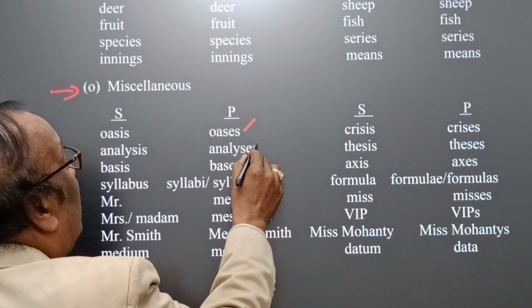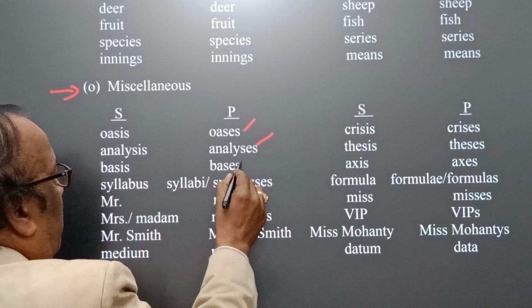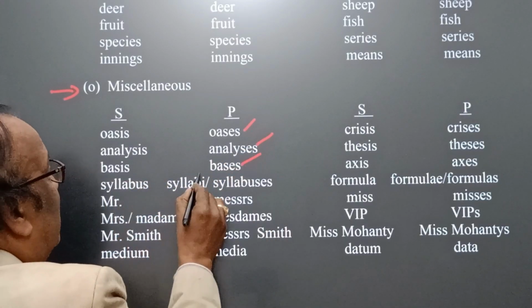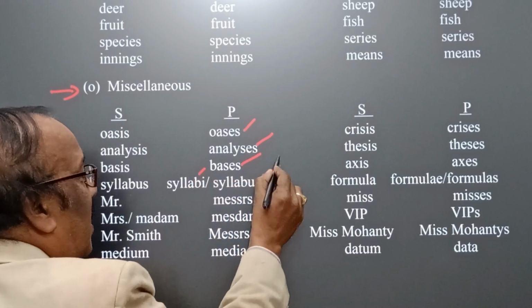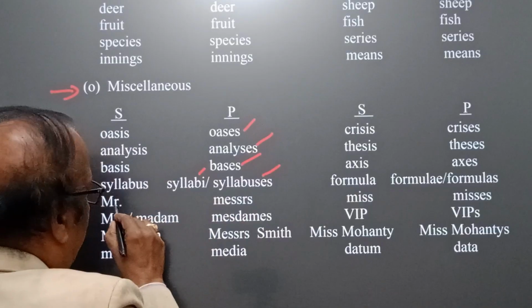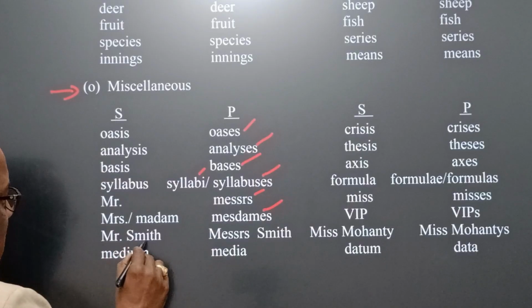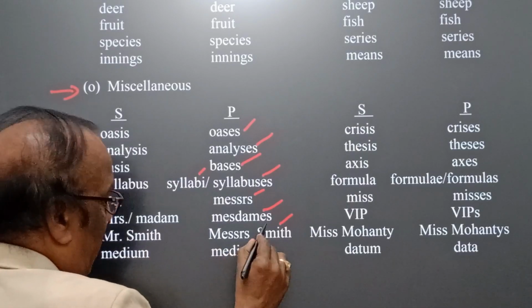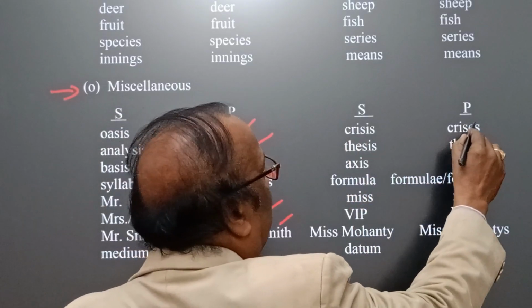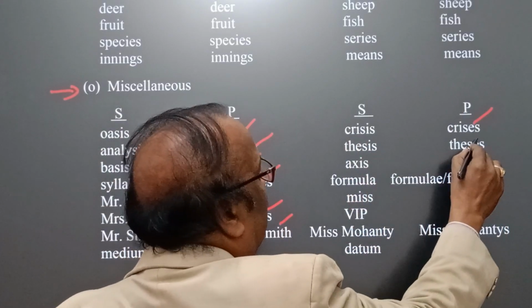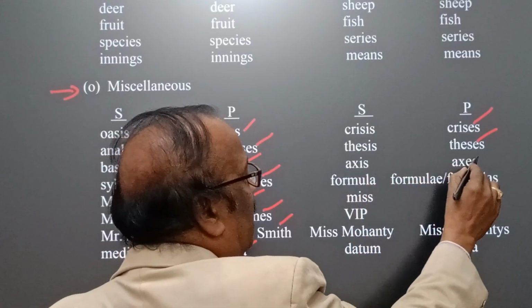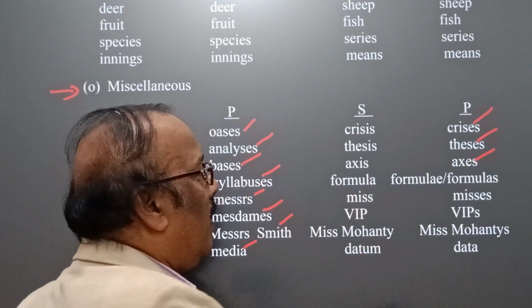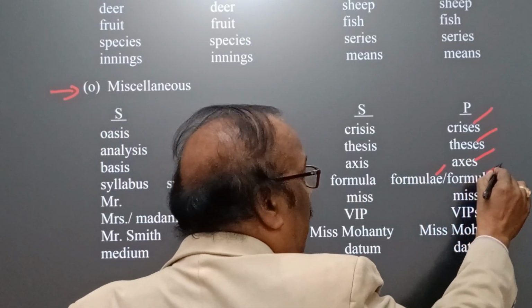Analysis, analyses. Basis, bases. Syllabus, syllabi or syllabuses. Both are correct. Mr., Messrs. Mr. Smith, Messrs. Smith. Medium, media. Crisis, crises. Thesis, theses. Axis, axes. Formula, formulae, formulas.